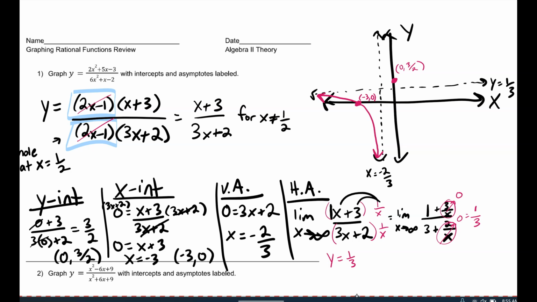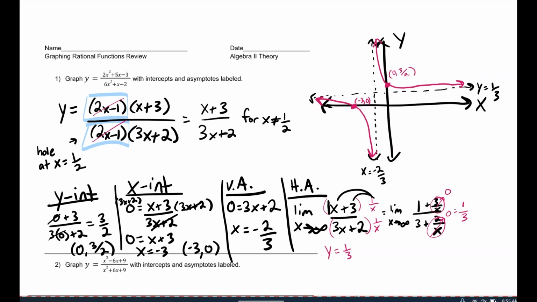Now, for my next part of the function, because my y-intercept is above that horizontal asymptote, I would say it has to look something like that. So this function is going to look almost like this. But there's one exception: based on our original analysis, there's going to be a hole at x equals 1/2.